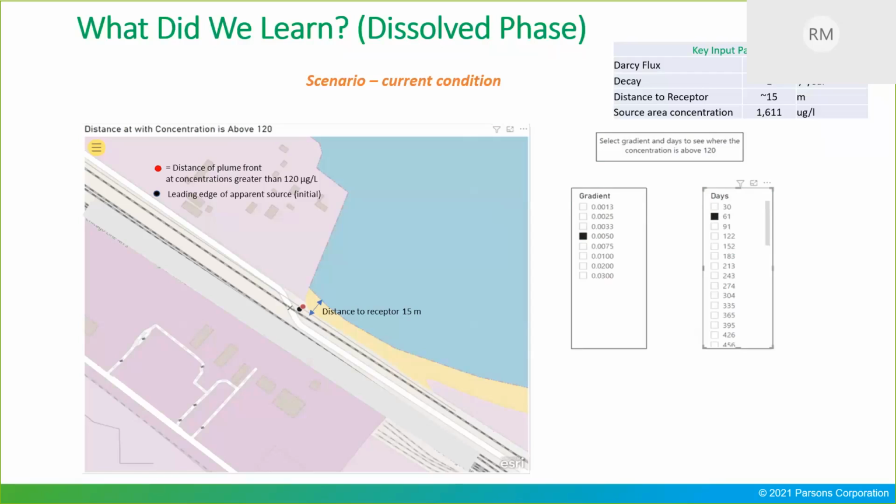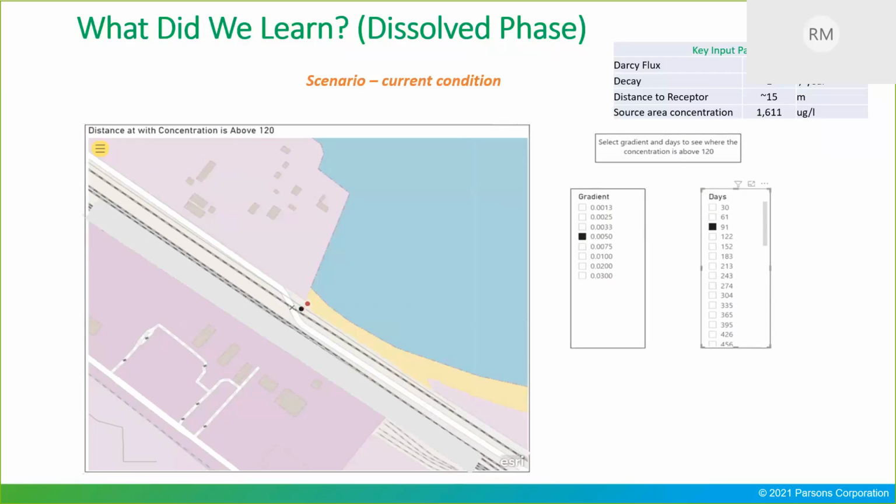So we are trying to see the number of days it takes for this dissolved phase plume to migrate from the initial source all the way to the receptor. For the first scenario, we took the current condition as I mentioned previously, with a gradient value of 0.005. Here you can see for 61 days the plume migration is not significant.